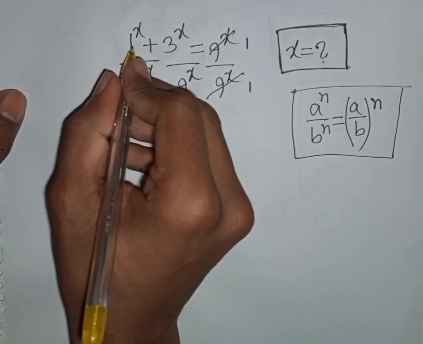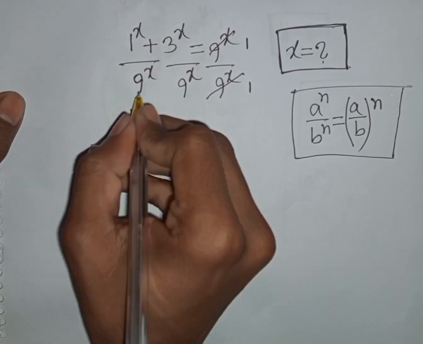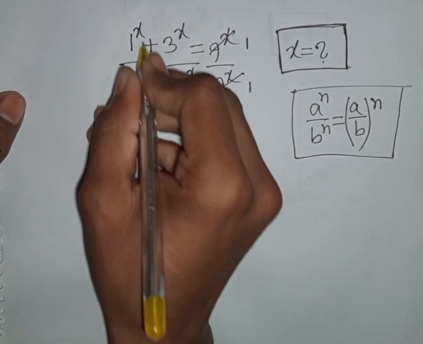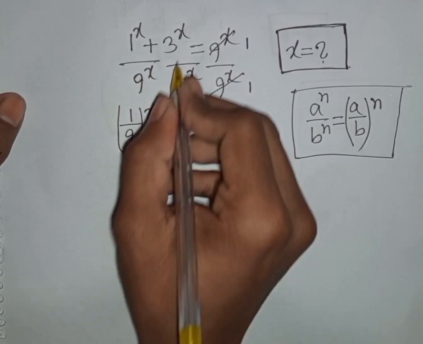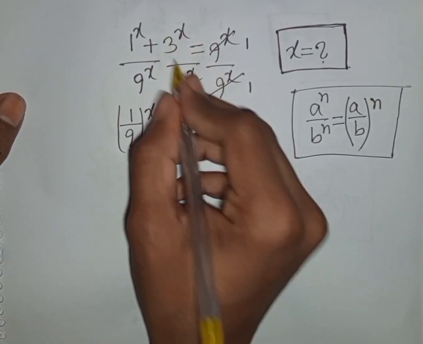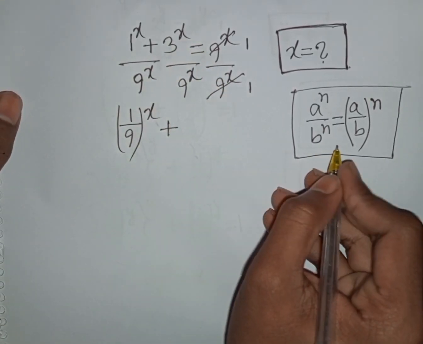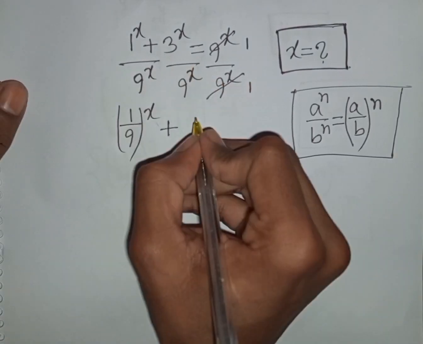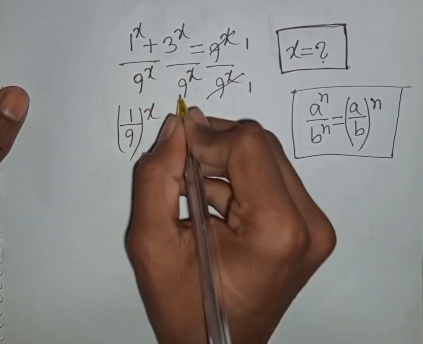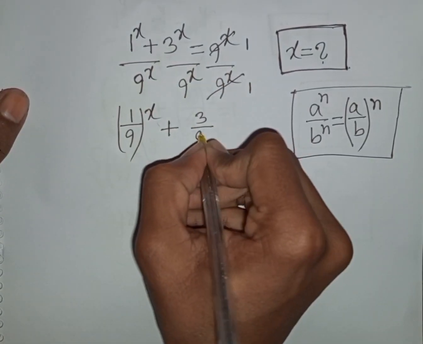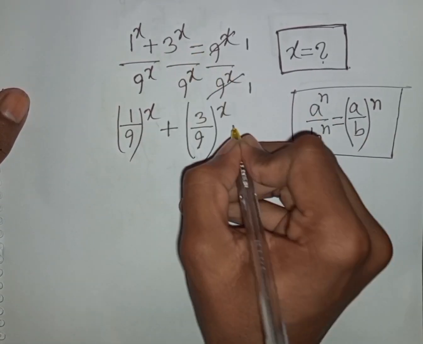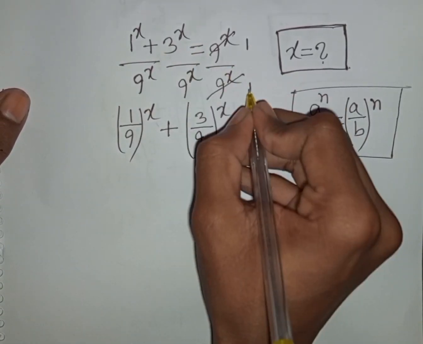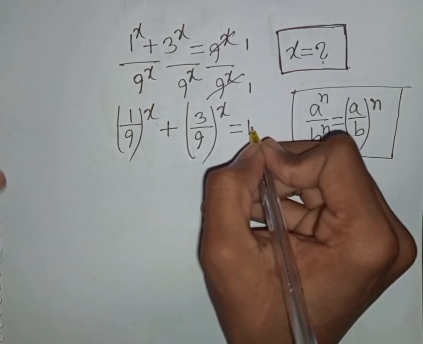So we can write 1 over 9, then bracket common power x, plus, again x same power but different base, so we can write 3 over 9, then bracket common power x is equal to 1 divided by 1, that means it will be 1.